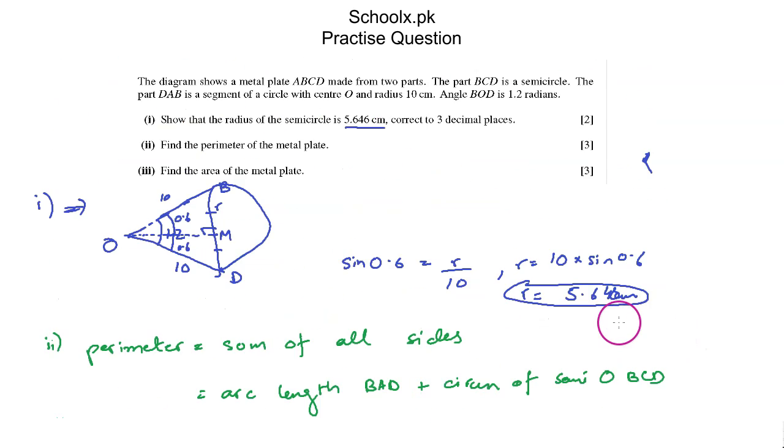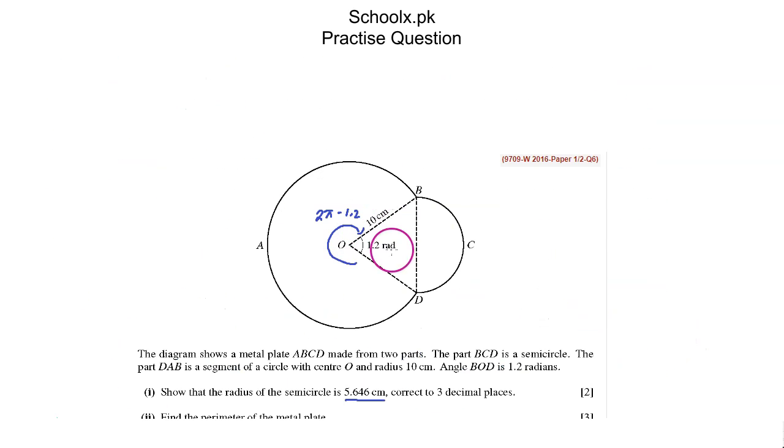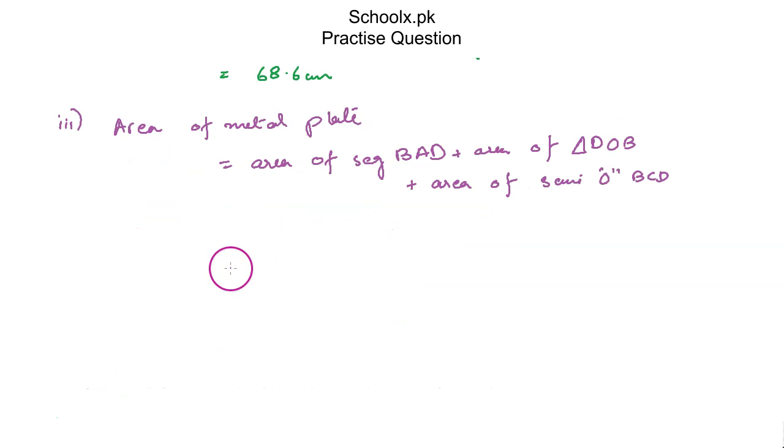So area of segment BAD will be half r squared theta. R is 10 right here, and angle theta is 2 pi minus 1.2. Plus area of triangle DOB, I'll use this formula: half into side 1 into side 2 into the sine of the angle between them, plus area of semicircle. Area of circle is pi r squared, so area of semicircle will be pi r squared divided by 2.